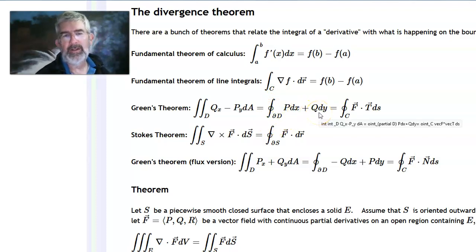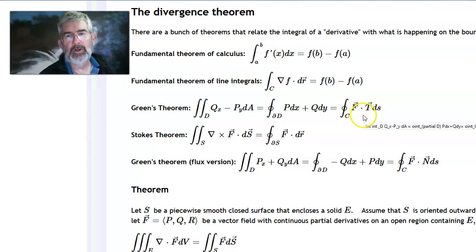So let's specify here that this capital vector F is the vector P comma Q, and so this line integral F dotted with T ds is the line integral of F along the curve, sometimes written this way. I'm using partial D to mean the boundary of the region D. C is also being the curve, which is the boundary of the region D.